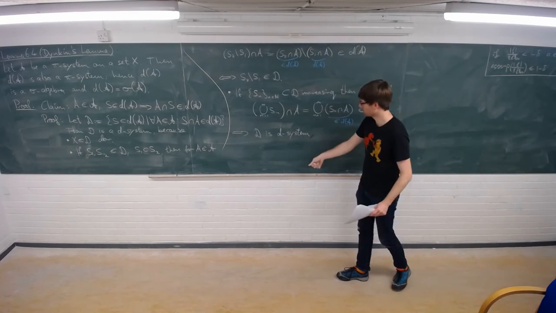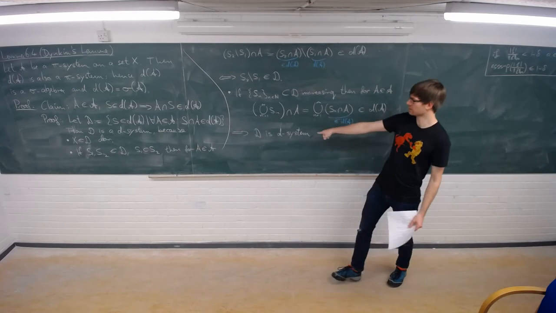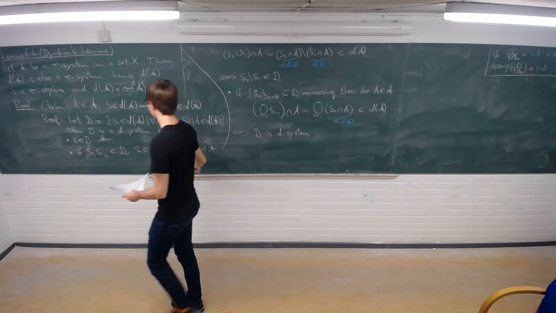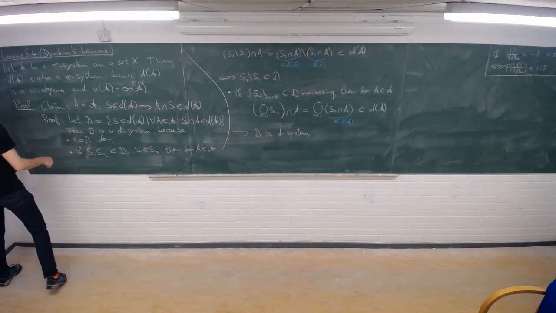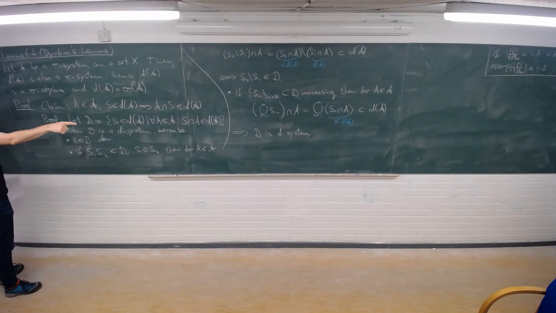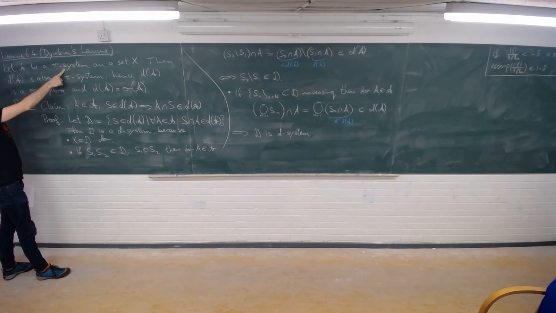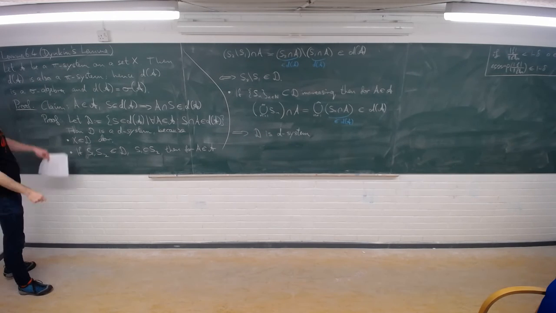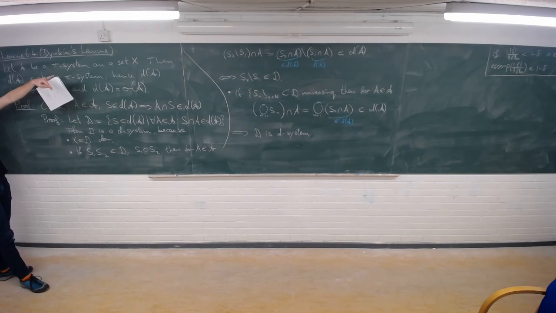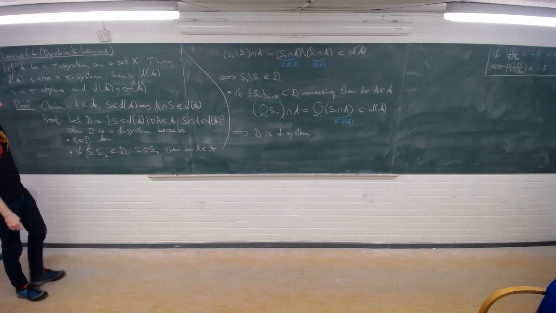Okay, but not only do we now know that D is a D system, but let's go back to the assumption. This collection of sets A was assumed to be a pi system. Pi system means it's closed under finite intersections.